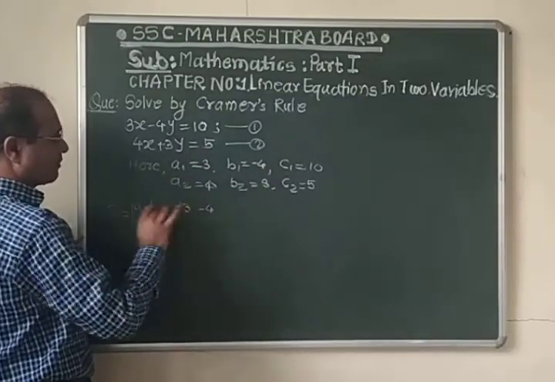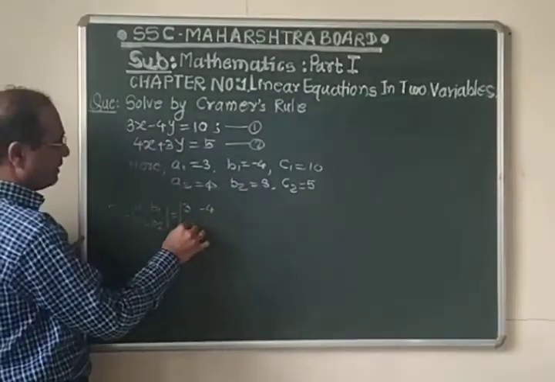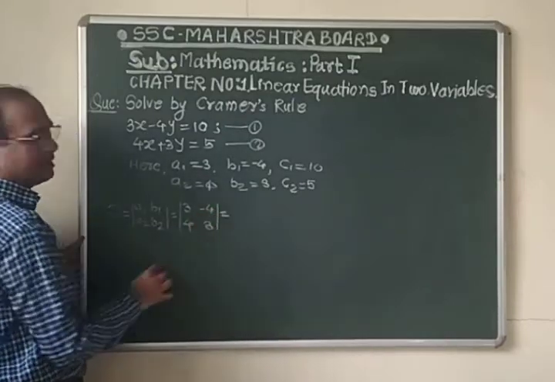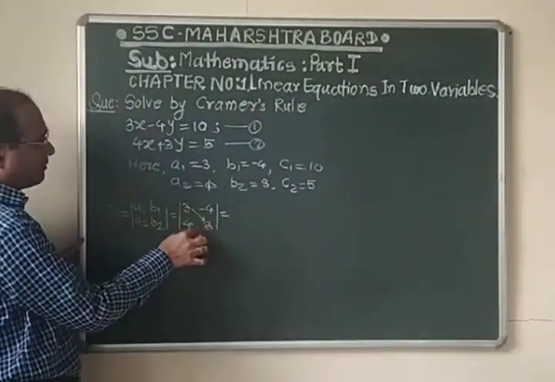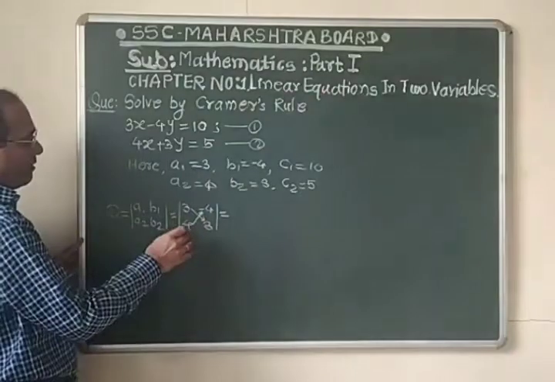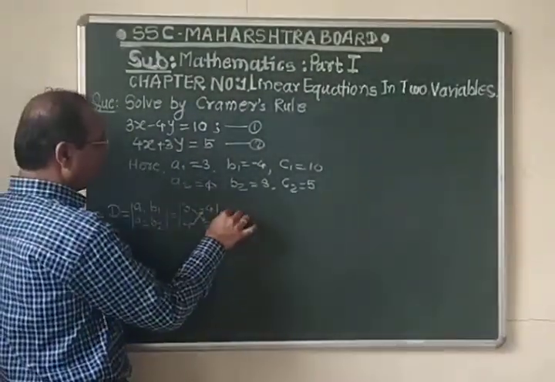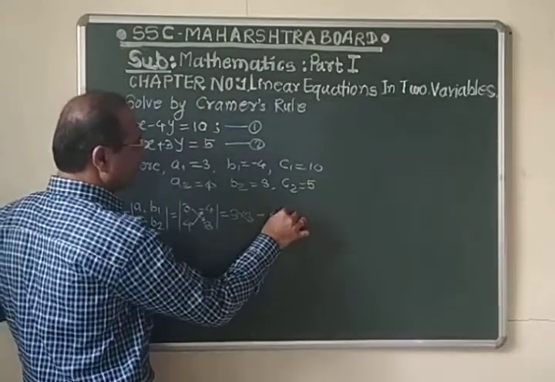So we have the first row as 3, minus 4, and the second row as 4, 3. Now how do we calculate the value of this determinant? Multiply this number by this number and subtract from it the product of these two numbers. That is nothing but 3 into 3 minus 4 into minus 4.